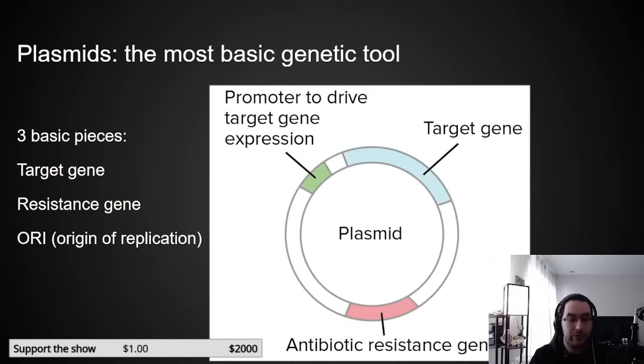The other thing that is always in there is an antibiotic resistance gene or some sort of selectable marker. When you put the DNA into the thing that you want to put it into, you have to be able to select for which cells this actually worked, because biology is a game of statistics, right? So if you're modifying a batch of E. coli, there are billions of cells, or at the very least, millions upon millions of cells in your little tube.